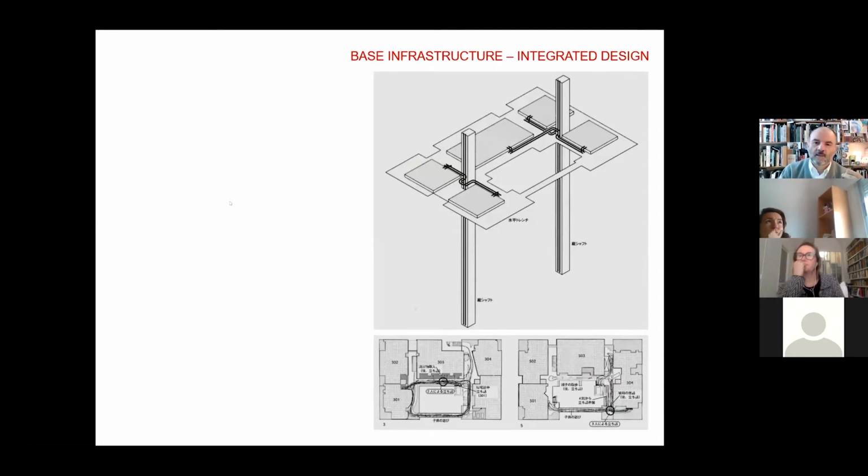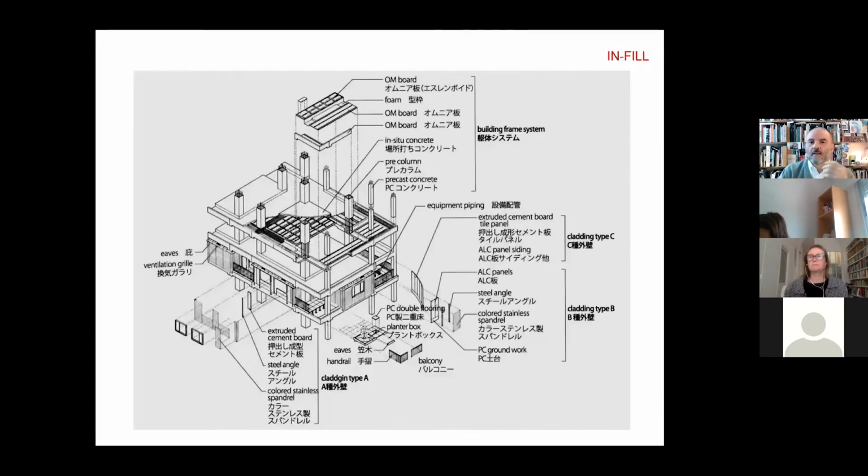To my students, as an exercise, I give a lot of case studies. They have two exercises. The first exercise is case studies, which I give them just to understand these logics: base building, infill, and the integration logic. And the infill in Next 21 is exactly represented in this axonometry.